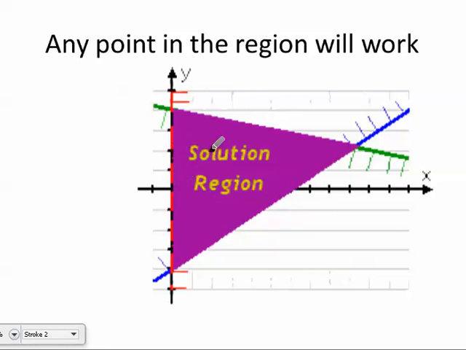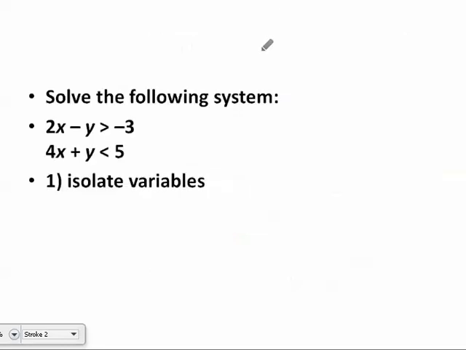That would be a good solution to the problem. Okay? That's why I think it's easier to graph it, because then you can see all the potential points that could be solutions to this one, because all of these are valid answers to this particular question. That's why I think graphing works better for inequalities.